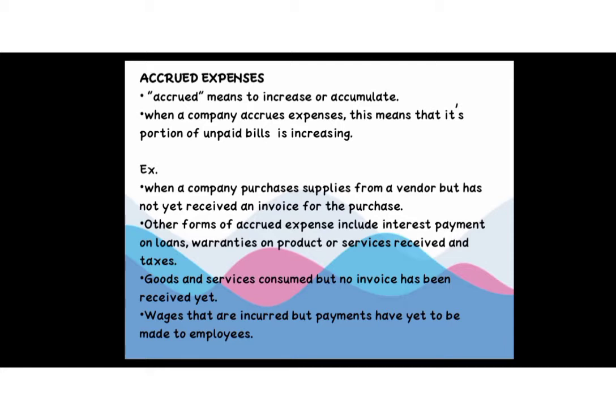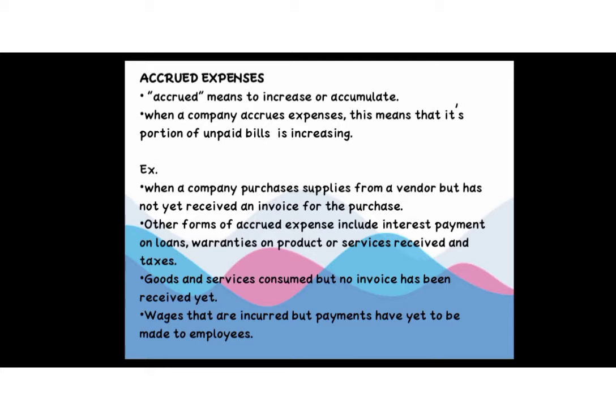First, when a company purchases supplies from a vendor but has not yet received an invoice for the purchase. Other forms of accrued expense include interest payment on loans, warranties on products, or services received, and taxes.